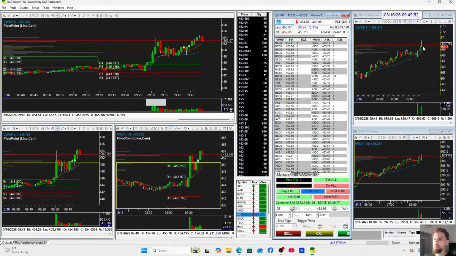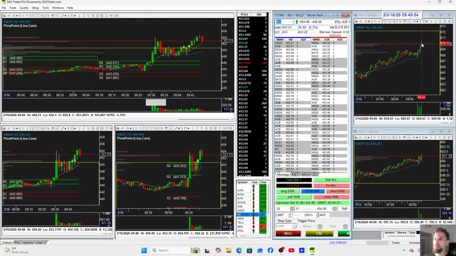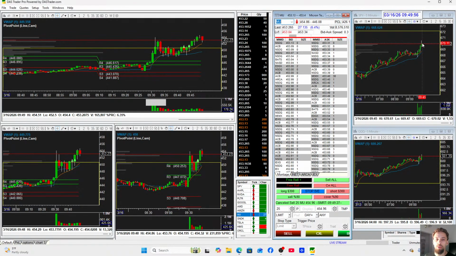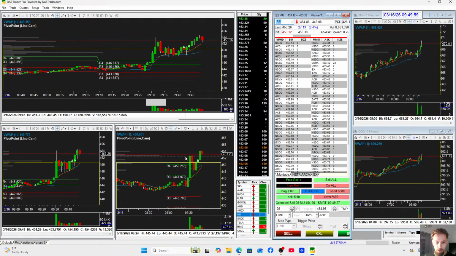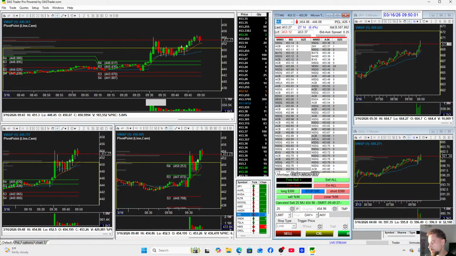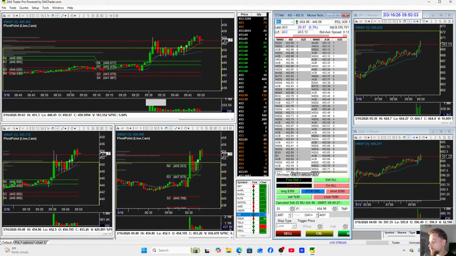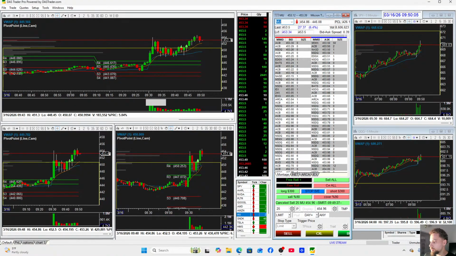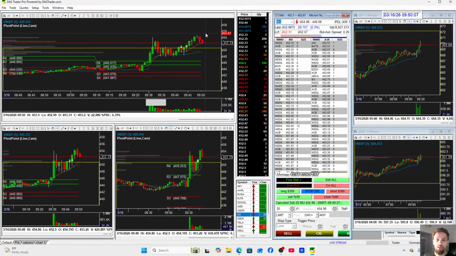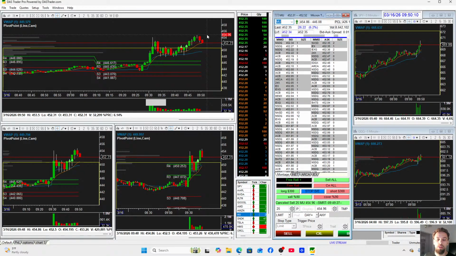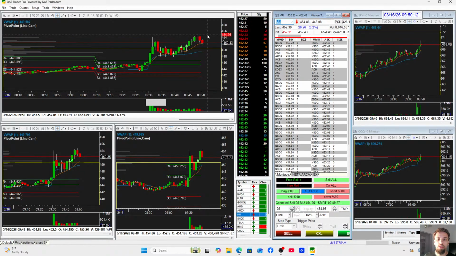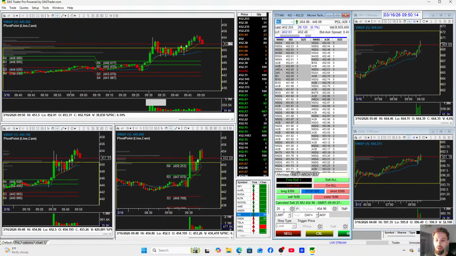That SPY 5-minute candle though, I need that to be looking a little more bearish. It closes in 4 seconds though. Volume's increasing. 455 seems to be a pretty significant area of resistance here. Don't know if we're gonna get there.